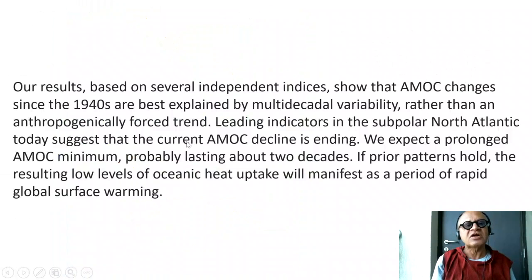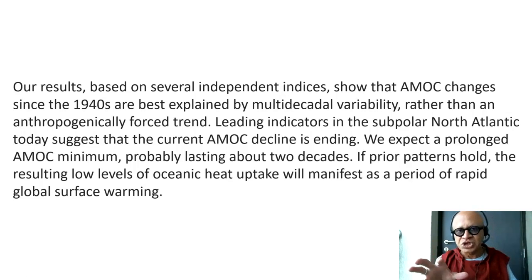The paper says our results based on several independent indices show that AMOC changes, Atlantic meridional overturning changes, since the 1940s are best explained by multi-decadal variability. Basically this is saying there is no trend as such in the Atlantic meridional overturning.